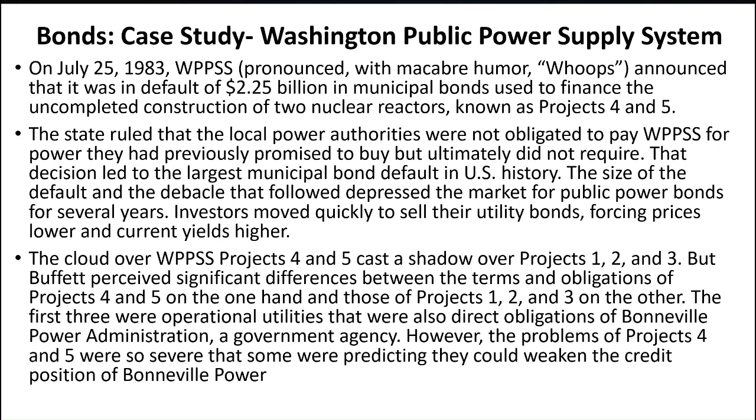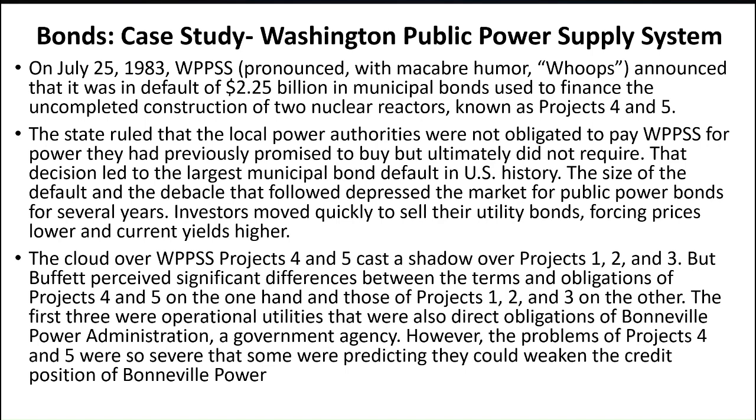The state, that is Washington State, decided that the local authorities are not obliged to pay WPPSS because they had defaulted on 2.25 billion in municipal bonds. So they are not honoring the commitment any further. That decision led to the largest municipal bond default in US history.